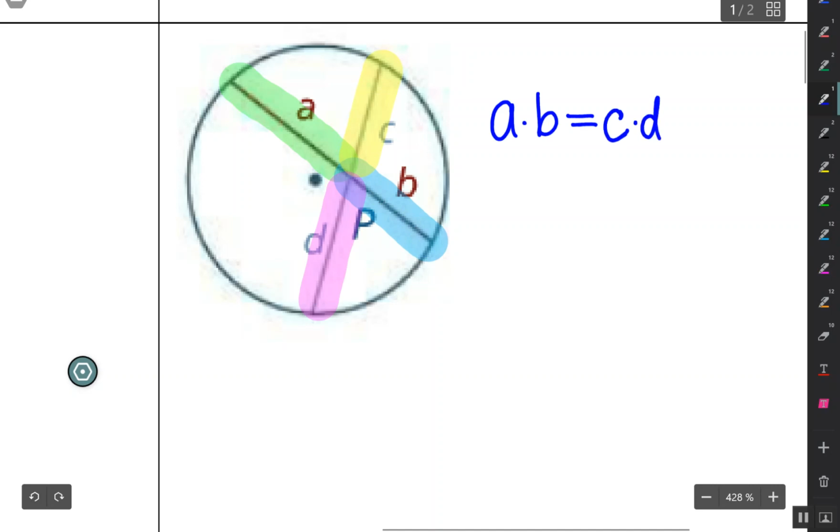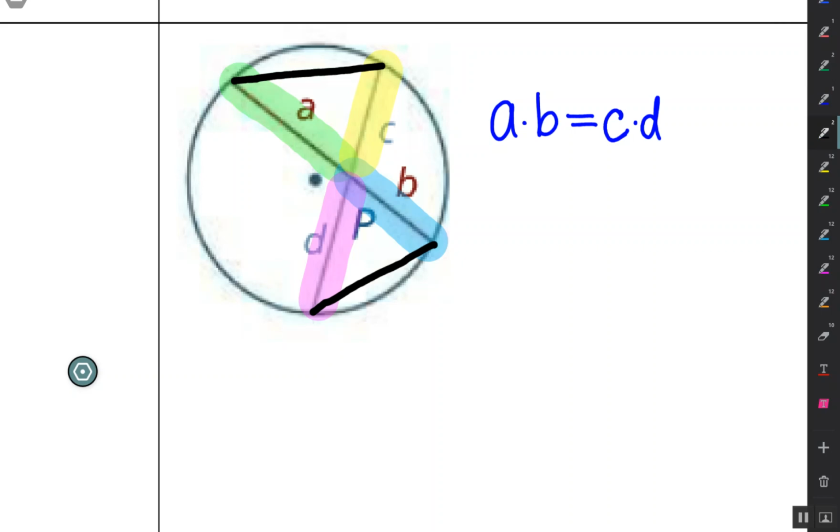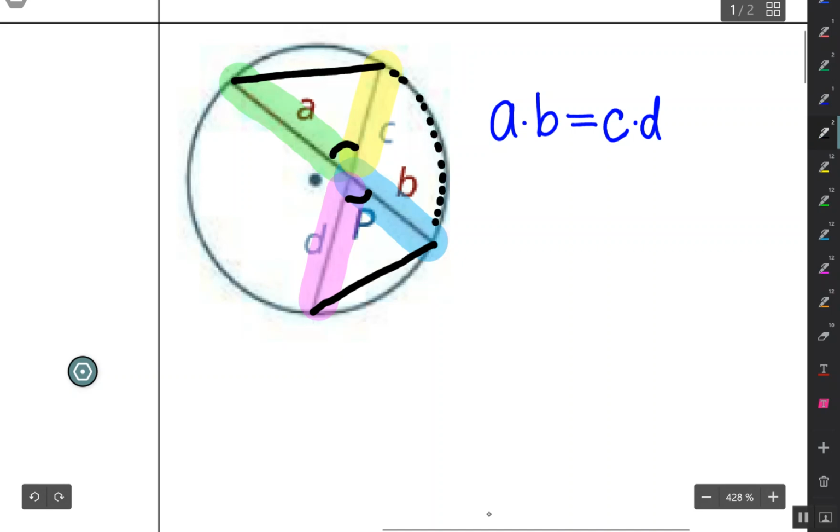What this comes from, and what, in fact, all of these sort of ideas come from, is you could connect this and connect this, and you would have similar triangles. You'd have vertical angles, and then they'd be sharing this chord right here.